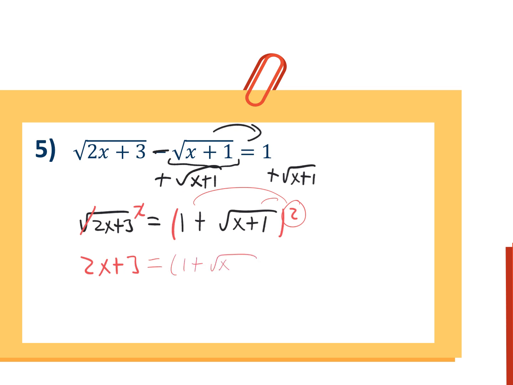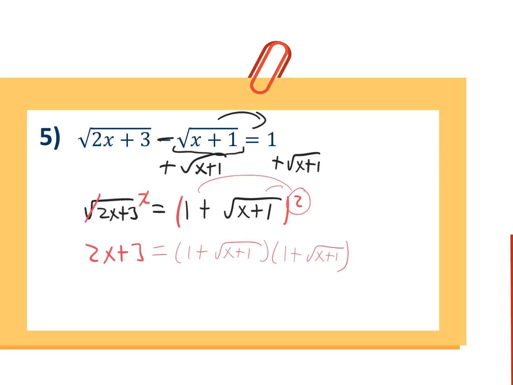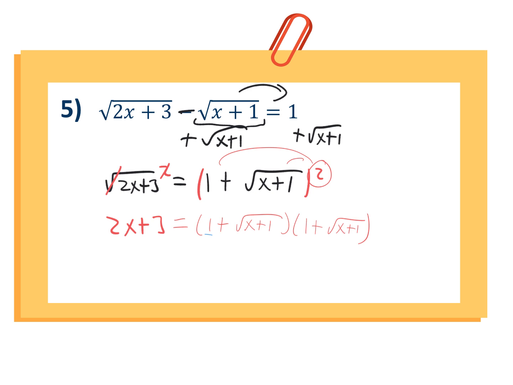It's a little bit of a lengthier one because now you don't just have a simple variable, 1 plus a variable. You have 1 plus a radical. But we're going to FOIL it the same way as always. We're going to treat 1 and the square root of x plus 1 each as separate terms. So we can FOIL and say 1 times 1 is 1. 1 times the square root of x plus 1 is just the square root of x plus 1.